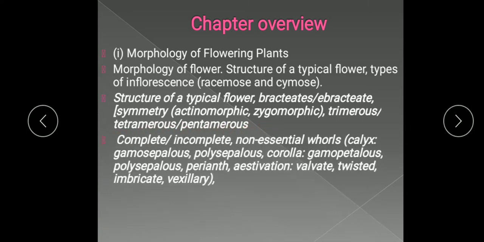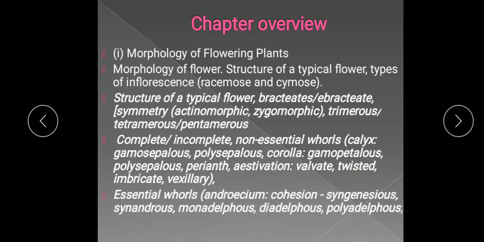Then again the types of flowers, complete and incomplete, and non-essential whorls, calyx and corolla, and the cohesion of the units of the calyx, that is, two conditions are there here, gamosepalous and polysepalous. In the corolla, again two conditions, gamopetalous and polypetalous. Then perianth, estivation, and the different types of estivation.